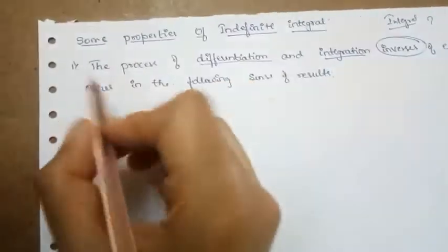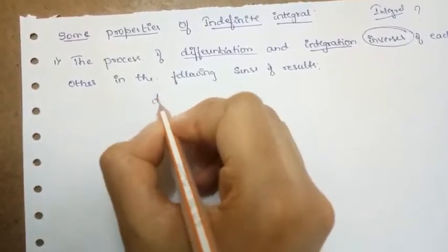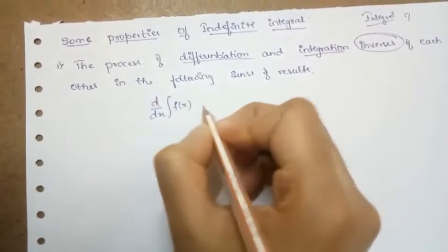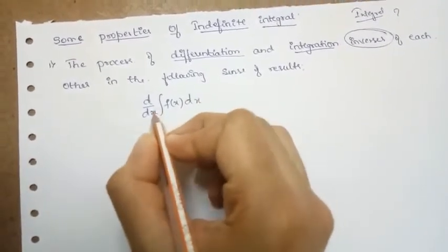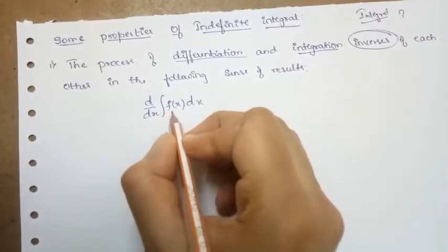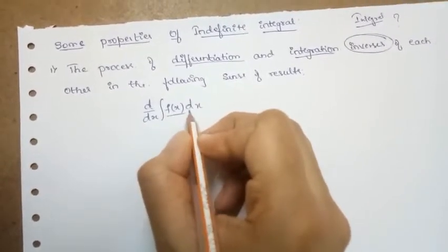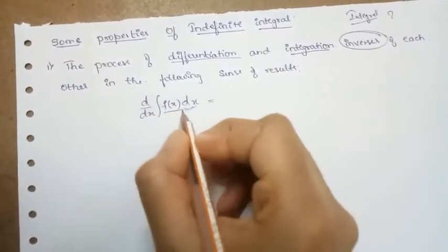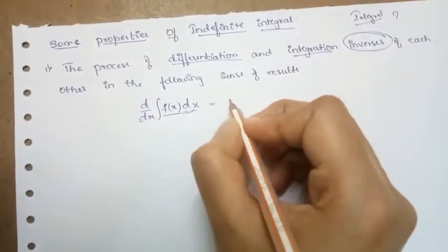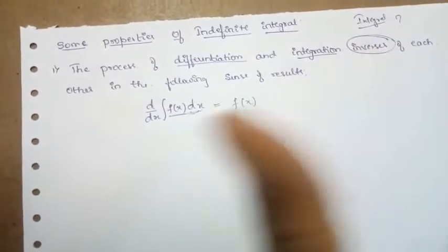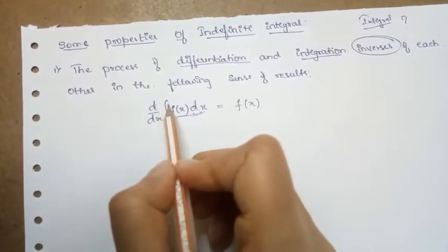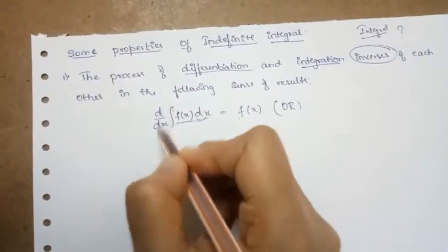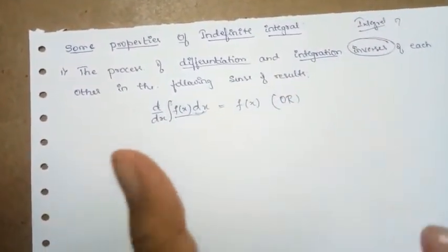The first property says that if I differentiate and integrate a function, that's why I have represented dx here, if I differentiate and integrate the function simultaneously, the function is itself, because both are inverse processes. We are not cancelling like this, but since they are inverse processes, it is just so.